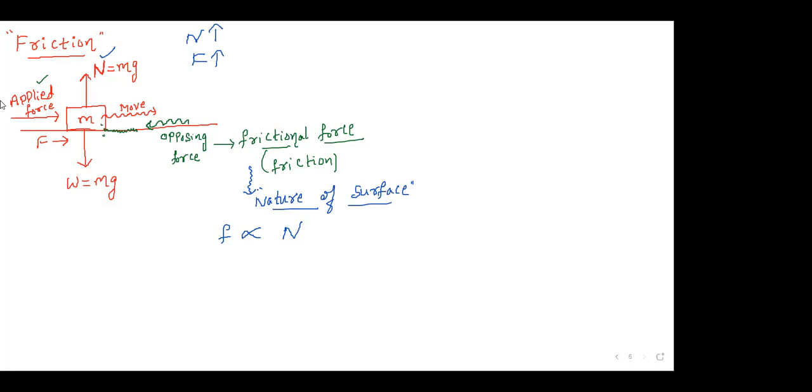If more force is needed to move the object, then to stop that body, you have to give more opposing force. So clearly the frictional force is more. So you can conclude normal reaction and the frictional force are directly proportional. So frictional force is directly proportional to the normal reaction.